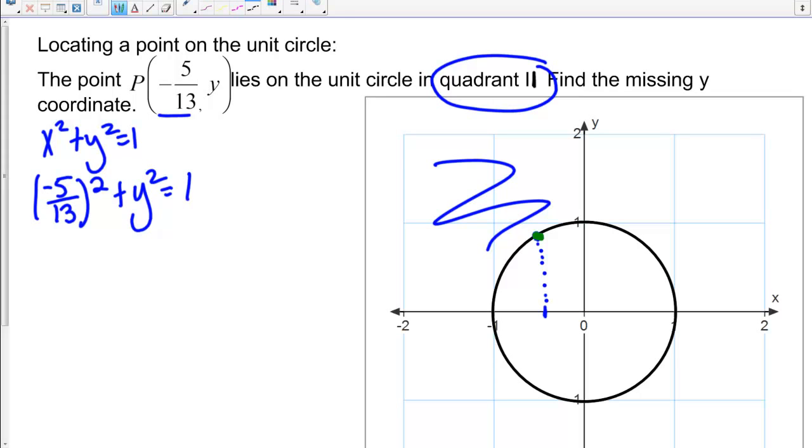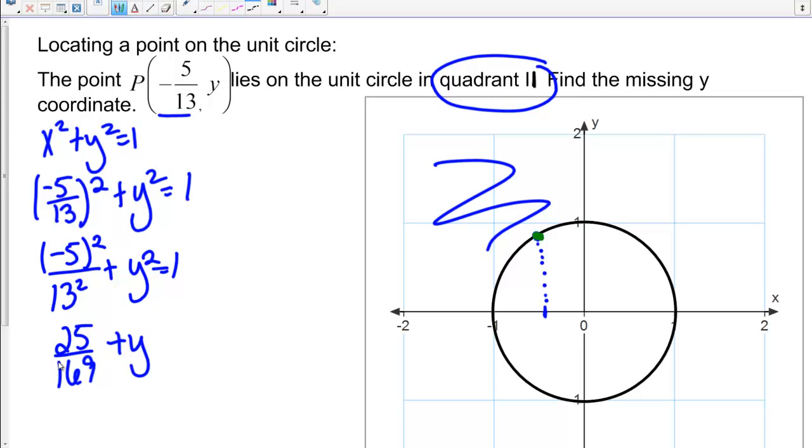All right. So when we plug negative 5/13 in for x, we get quantity negative 5 over 13 squared plus y squared equals 1. We need to distribute that squared in. We get 25 over 169 plus y squared equals 1.